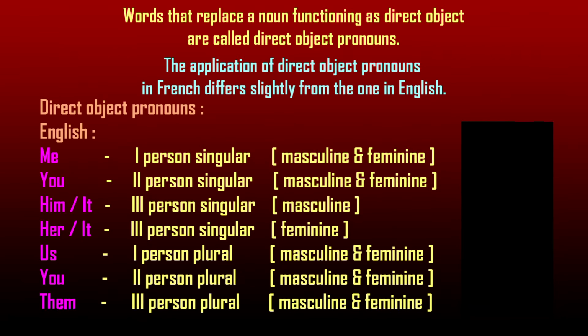The subject of the sentence is said to be the doer of the action, the one who performs the action in the sentence. He plays football. Now, who is doing the action of playing football? He. So, he is said to be the subject.